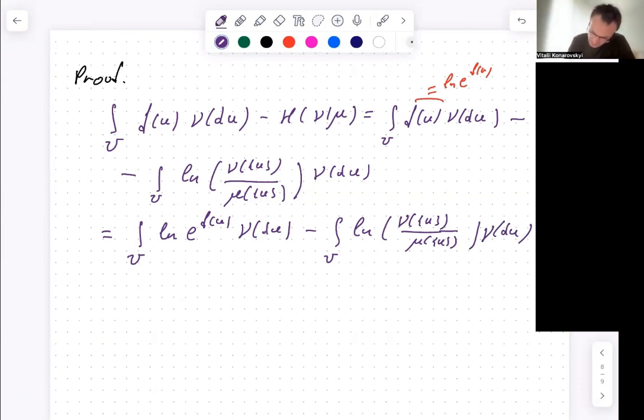And you see that you can consider these two integrals as one integral of the difference of these two functions, but now you have the difference of logarithms. Therefore, you can write that as one logarithm, this divided by that: e to the power f of u multiplied by mu of u divided by nu of u, and then you integrate with respect to nu.